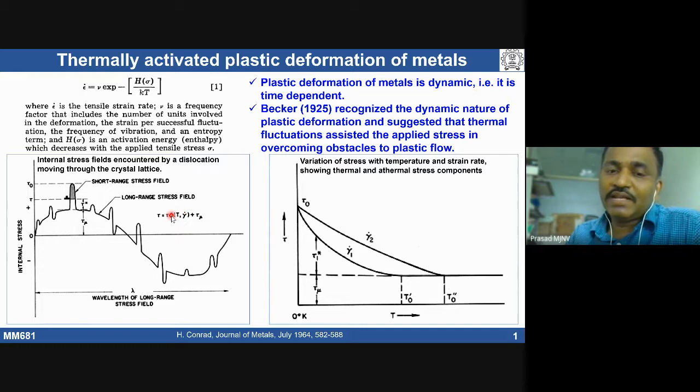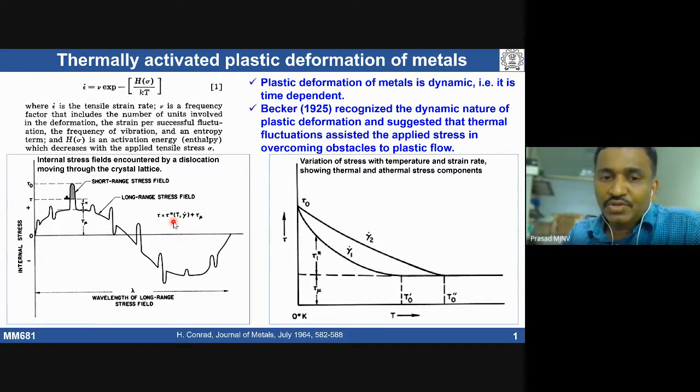The stress required for thermal barriers is going to decrease with increasing temperature. Similarly, at a given temperature, the stress required to overcome thermal barriers at low strain rate is low compared to high strain rates. So the thermal stress component is strain rate and temperature dependent.